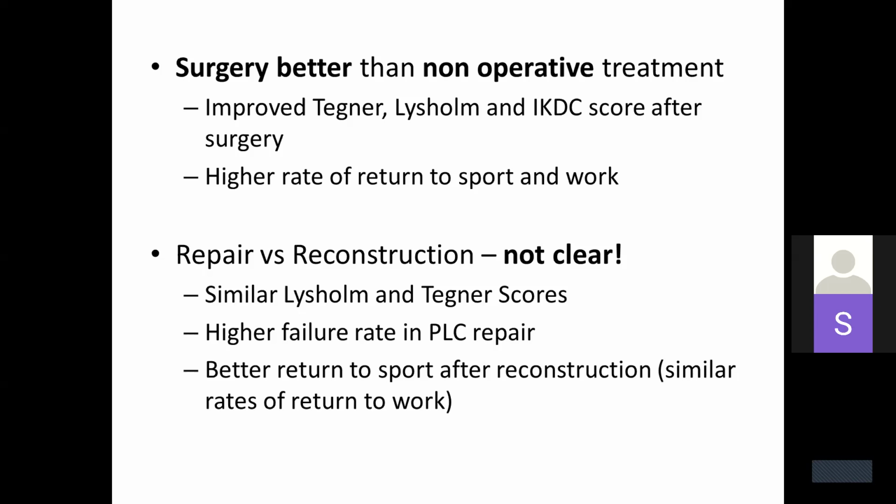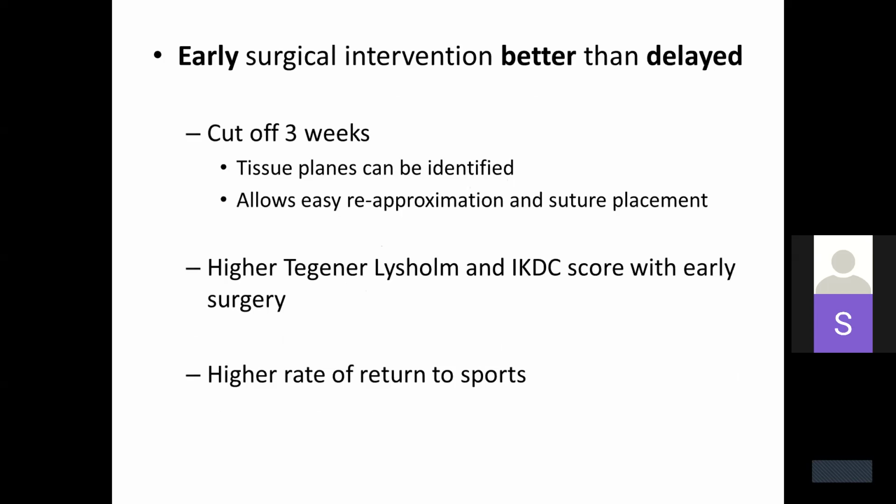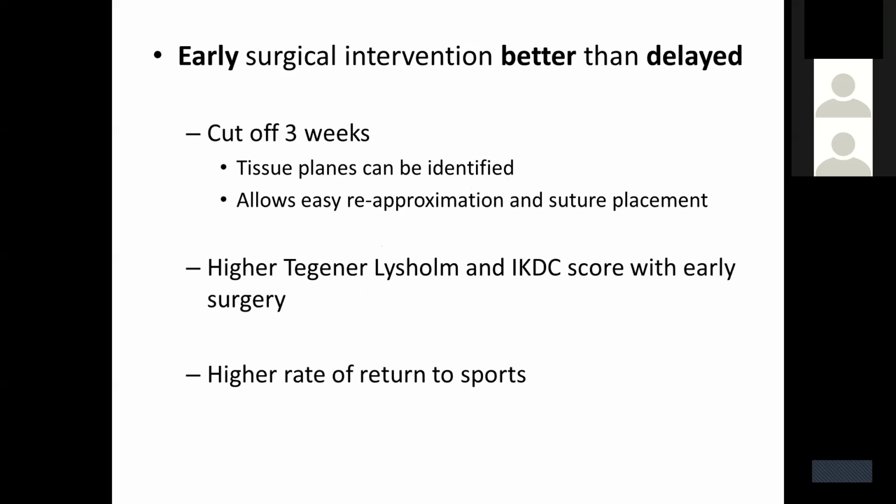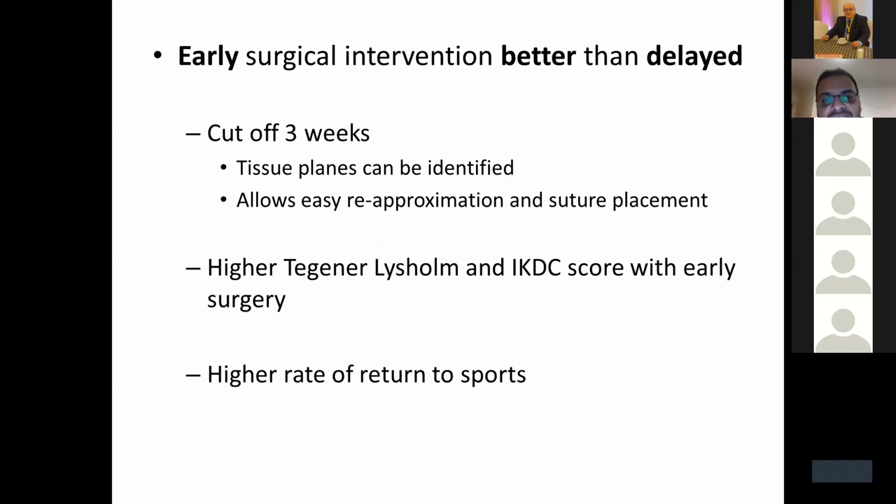But again, if you're getting to the stage where this is 3 weeks down the line, then perhaps repair is not a good idea, and you should consider reconstructive options straight off the bat. Early surgical intervention is definitely better, and 3 weeks seems to be the cutoff to define patients between early and chronic cases.